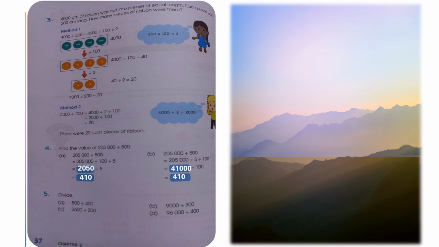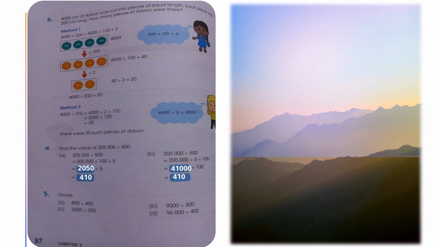So we have 410 as an answer. In the second method, which is part B, we divide 205,000 by 5 first and then the resultant by 100. The answer comes out as 410.